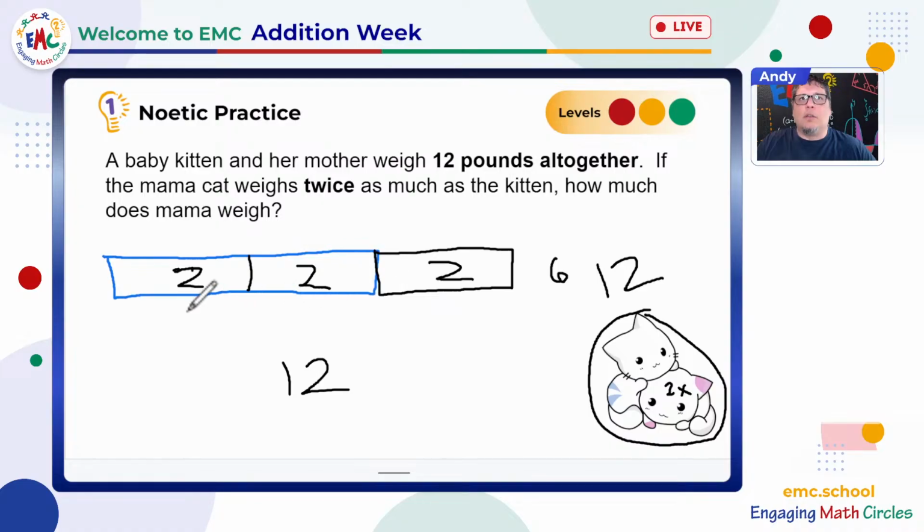Well, that's too small. I'll try chunks of 3. 3 plus 3 plus 3, that's 9. Or I could try the next one. 4 plus 4 is 8, plus 4 more gives 12.